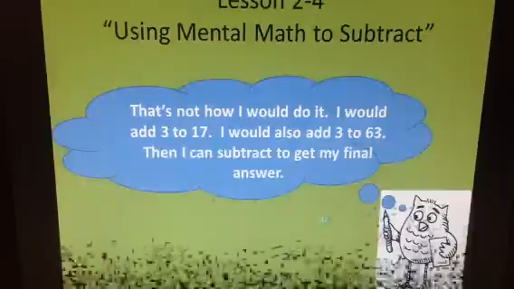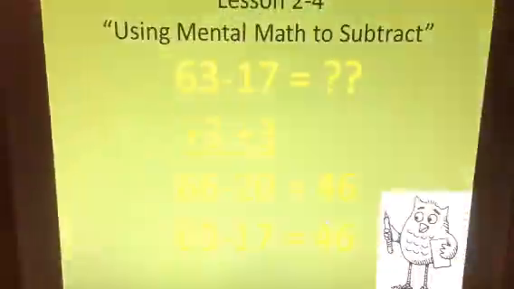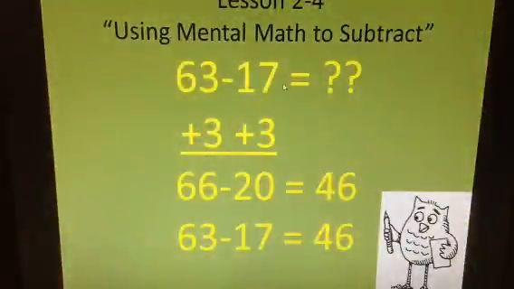So here's the OWL's way of doing it, written out in steps. 63 minus 17 equals what? The OWL would start the same way the boy did by adding 3 to 17 to make a nice easy number to subtract. But then, because he doesn't want to have to worry about going back and adding 3 later, he adds 3 right now to 63, and he gets 66.